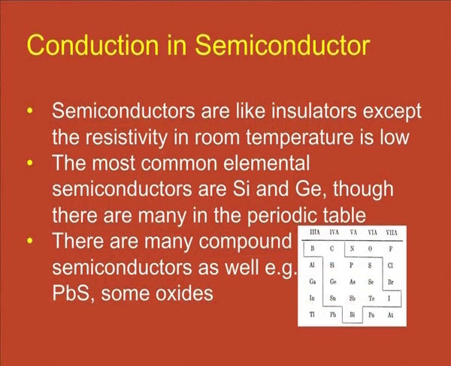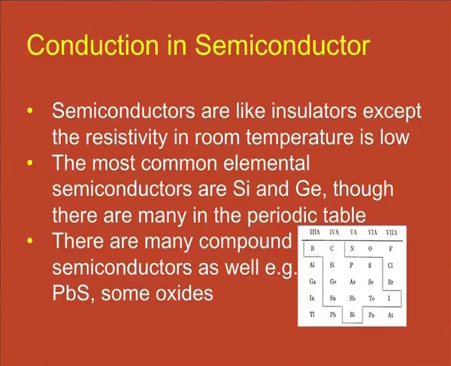Now, semiconductors are more like insulators when we consider them at room temperature, but the difference is that in a semiconductor the resistivity is lower than the resistivity of insulators. The most common elemental semiconductors that we use for major applications are silicon and germanium, though there are many more elemental semiconductors present in the periodic table.